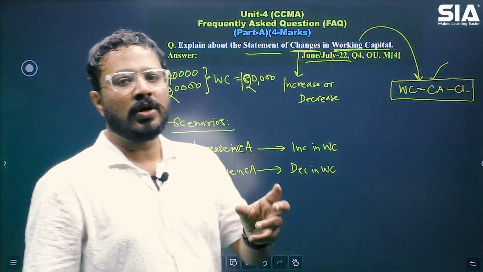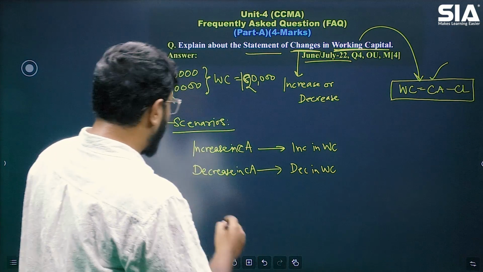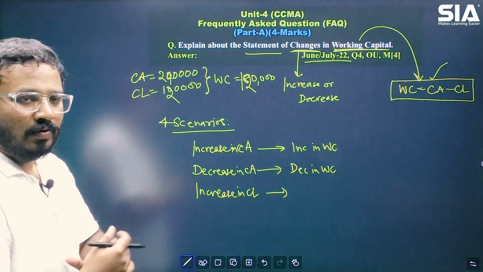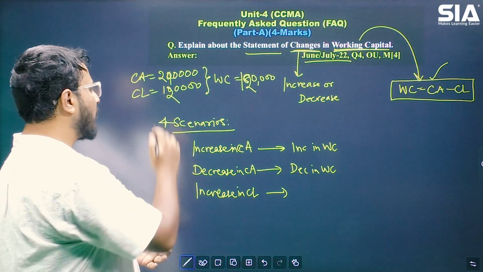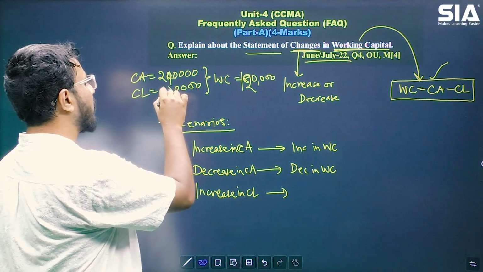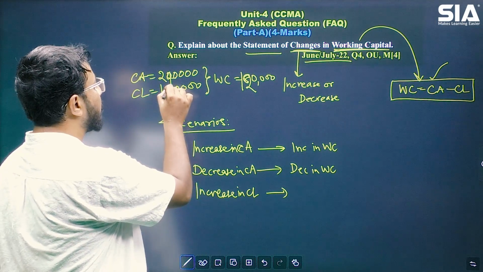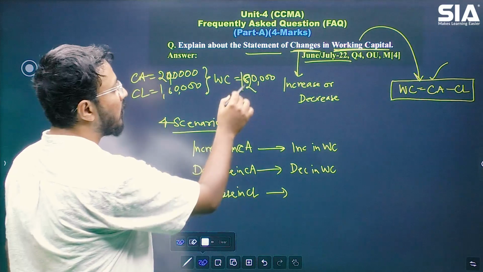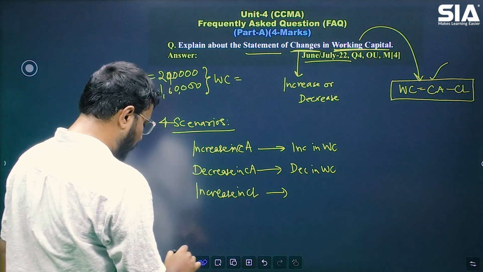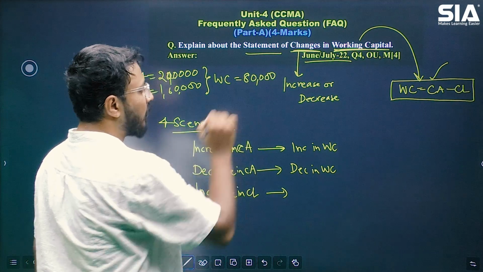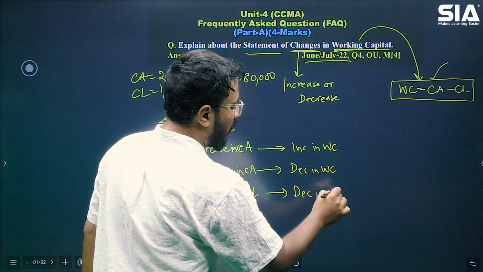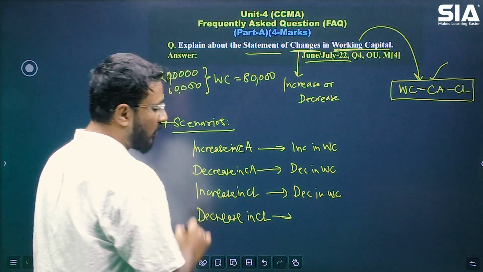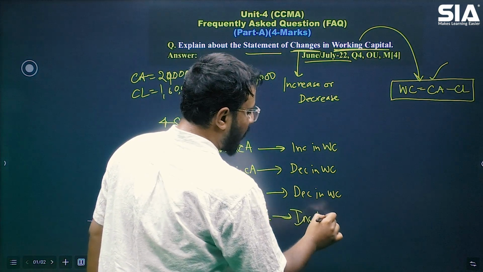Now exactly उल्टा रूल अप्लाई होगा करंट लायबिलिटीज के लिए. अगर करंट लायबिलिटीज इंक्रीज हो रहा है, टेल मी व्हाट शुड हैपन टू योर वर्किंग कैपिटल. अगर मैं करंट लायबिलिटीज को 1,20,000 की जगह 1,60,000 लिखूं, so what will be the answer? 2,40,000 minus 1,60,000 will give you 80,000. वर्किंग कैपिटल 120 से 80,000 डिक्रीज हो रहा है. सो डिक्रीज इन वर्किंग कैपिटल. उल्टा रूल अप्लाई होगा व्हेन करंट लायबिलिटीज इज डिक्रीजिंग. सो वर्किंग कैपिटल विल increase.